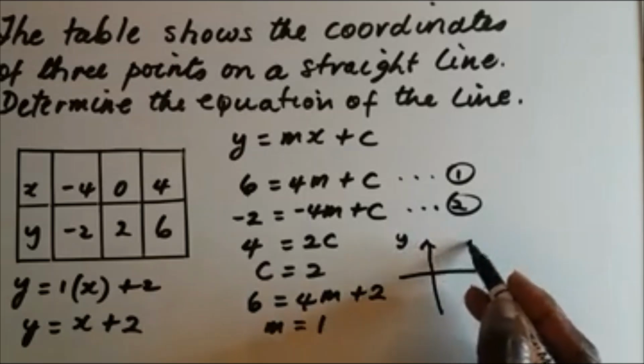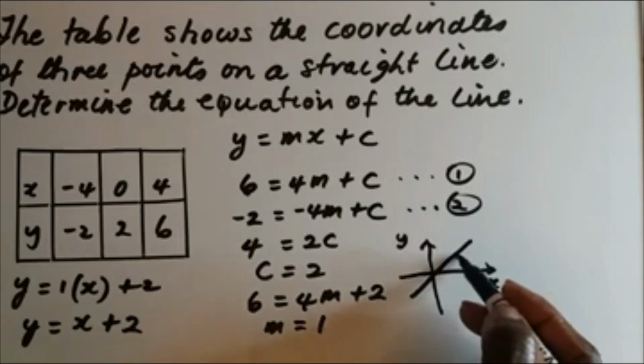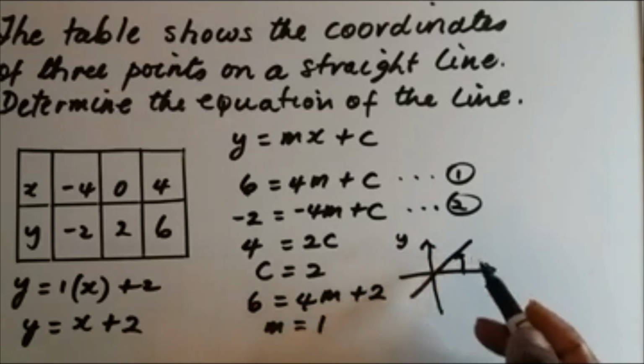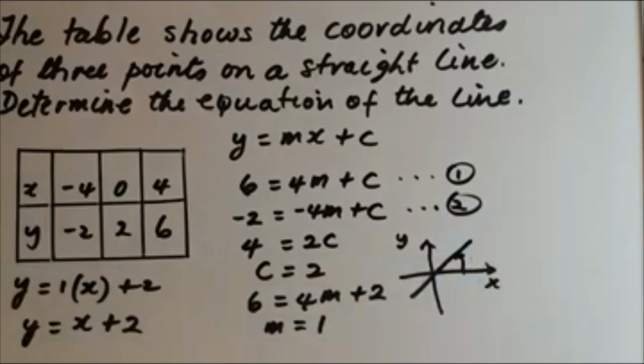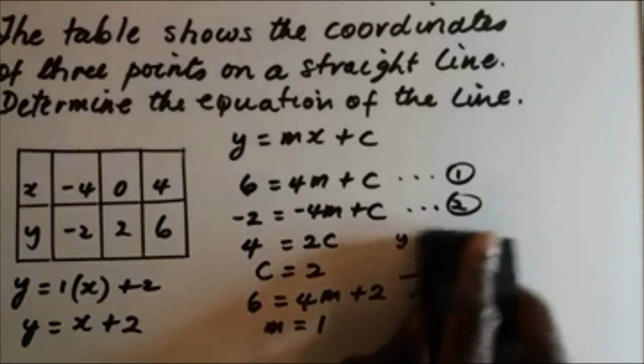If it's positive, this angle here will always be acute. So a gradient of m being positive means the gradient is positive, and will make an acute angle with the x-axis.